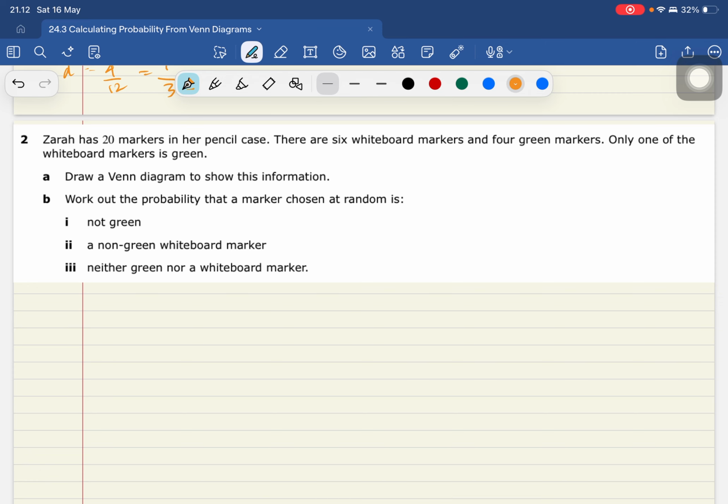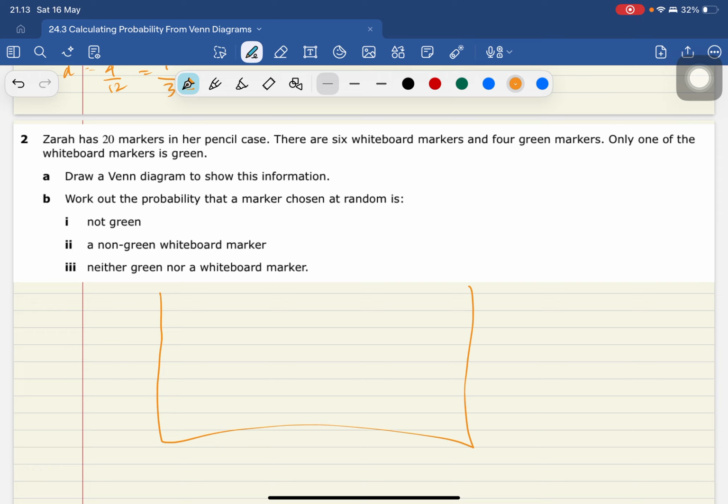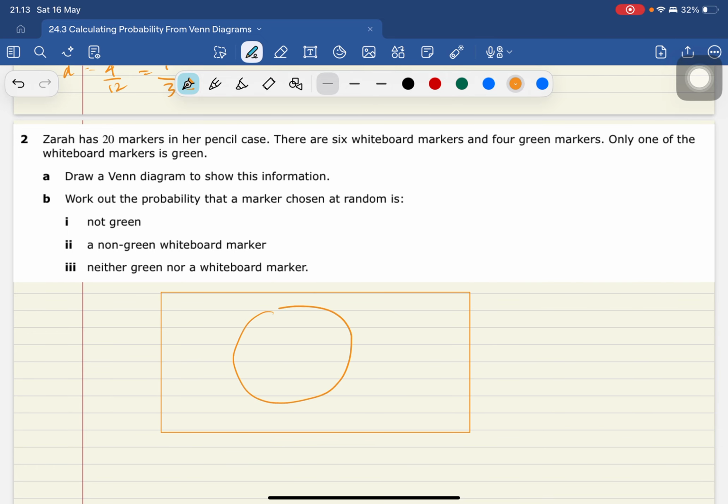Okay, next is number 5. Jaras has 20 markers in her pencil case. There are 6 whiteboard markers and 4 green markers. Only one of the whiteboard markers is green. So we can draw the square, the rectangle, and 2 circles.